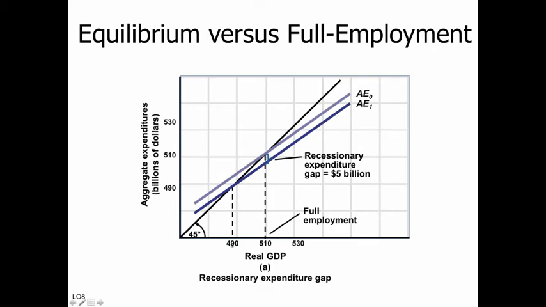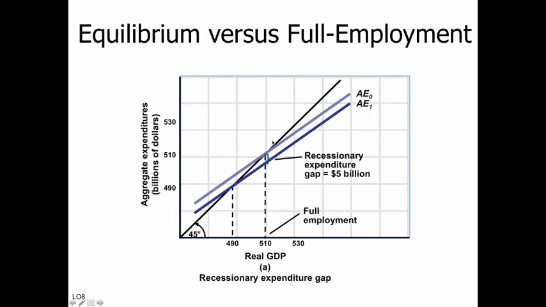So if I want to increase real GDP by $20 billion, I need to increase spending by $5 billion, because the increase of $5 billion in spending times 4 would give us the increase of $20 billion in real GDP. So if you know how much you want to change GDP by, take that, divide it by the multiplier, and that will tell you how much spending has to change to derive that change in real GDP.